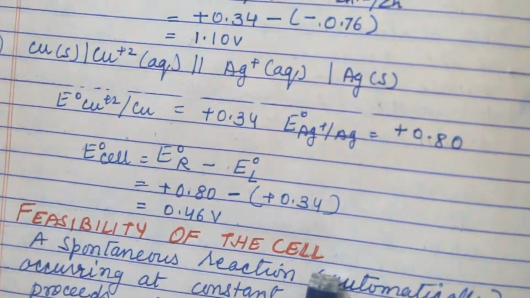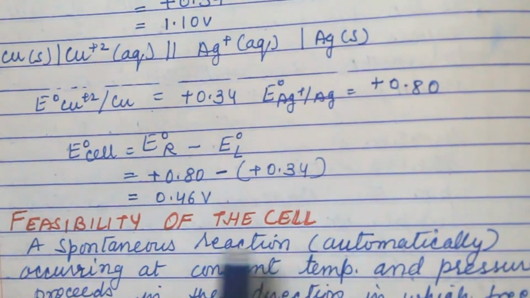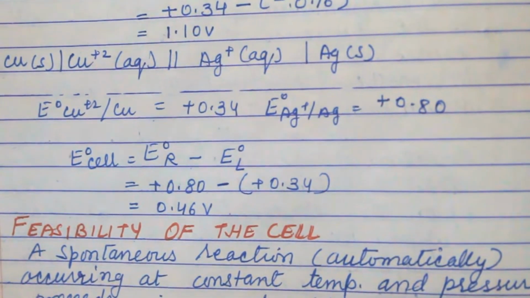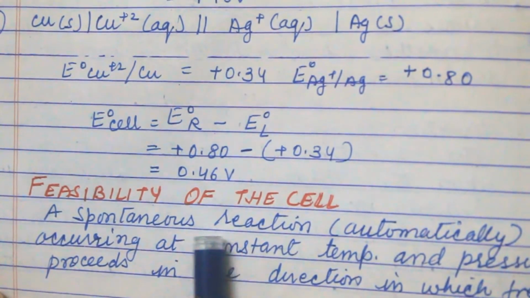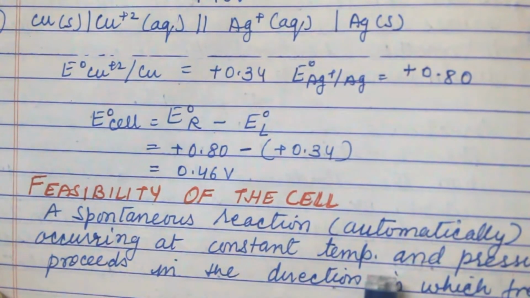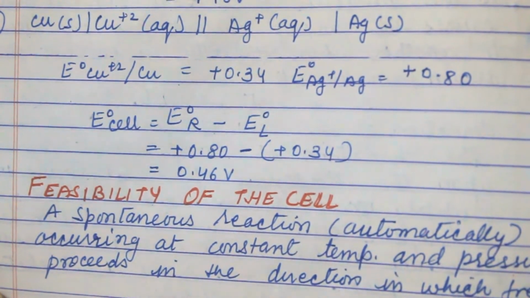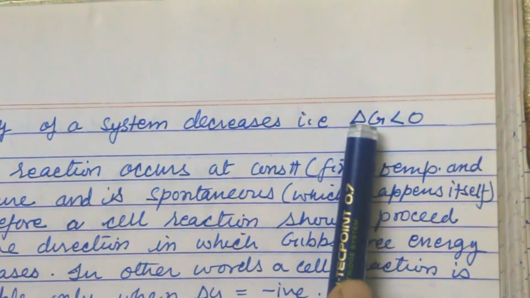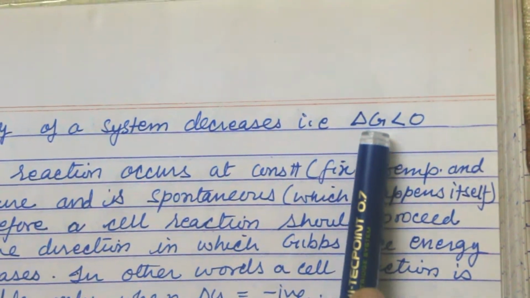Now the feasibility of the cell, that is Gibbs free energy. A spontaneous reaction is one which happens automatically by itself. A spontaneous reaction occurring at constant temperature and pressure proceeds in the direction in which the free energy of the system decreases. When Gibbs free energy decreases, then only the reaction takes place.